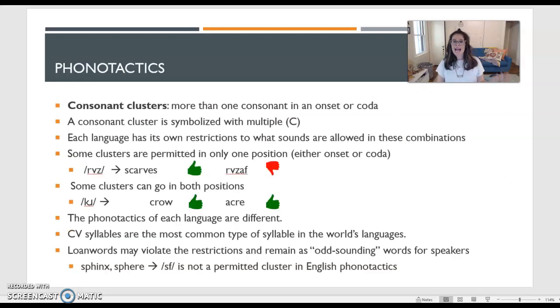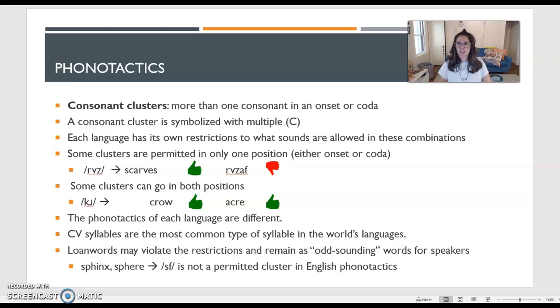So phonotactics is how each language can put syllables together, okay? So we have something called consonant clusters. Consonant clusters is when you have more than one consonant sound in an onset or a coda, right?